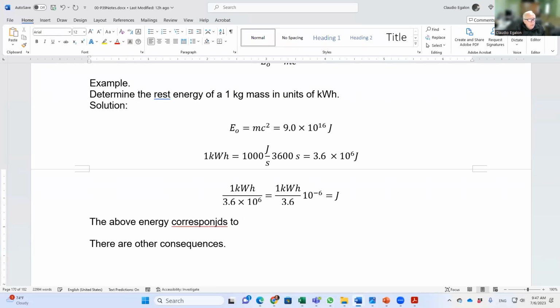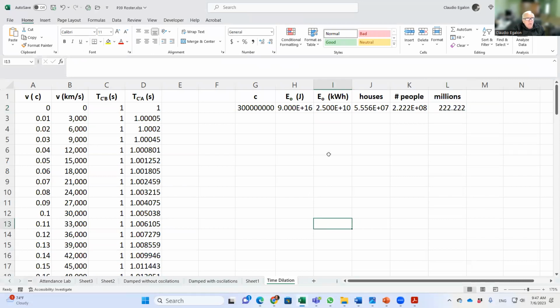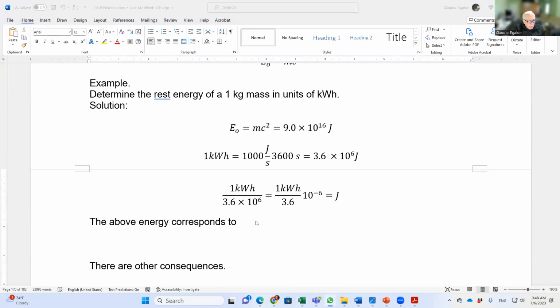corresponds to how many kilowatt hours? It corresponds to 25 trillion kilowatt hours. A thousand, a million, a billion.